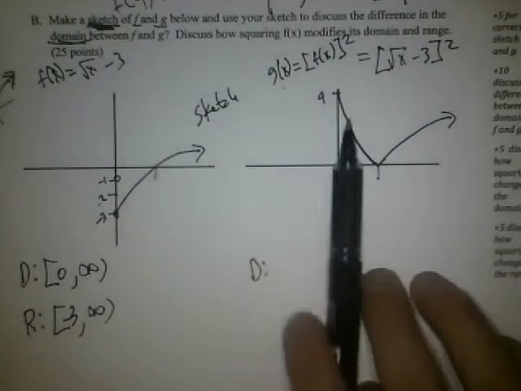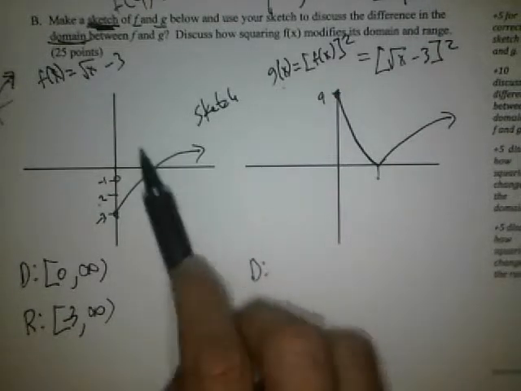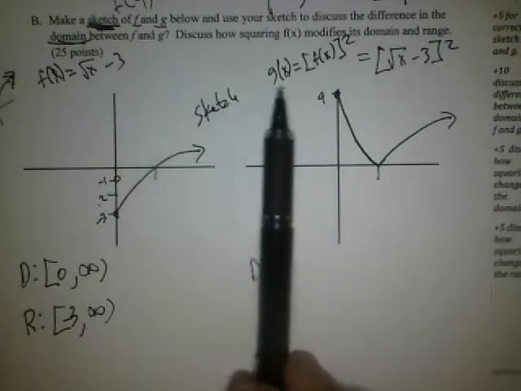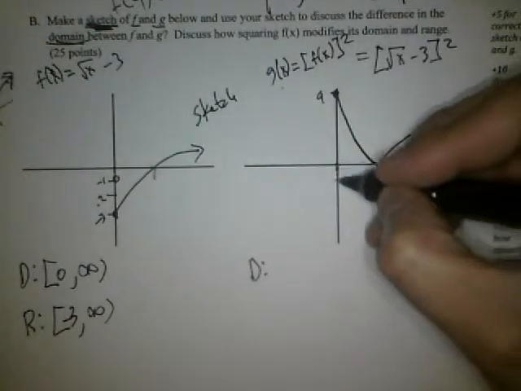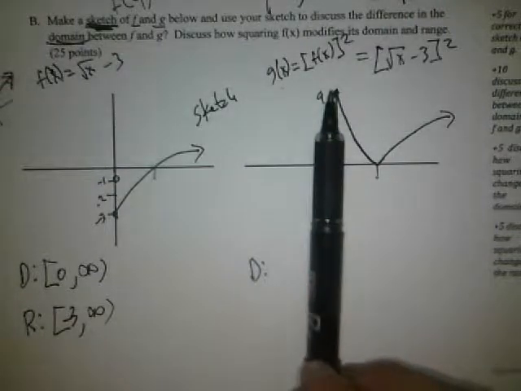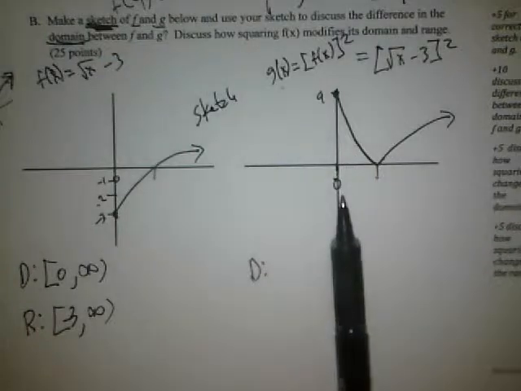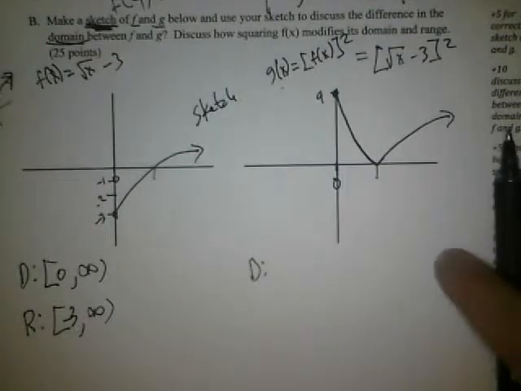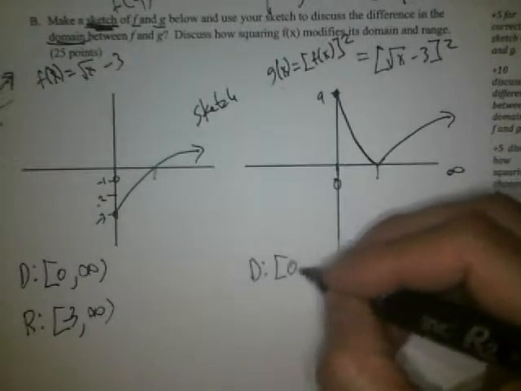The domain is from left to right. Notice over here, it's going to hit up here somewhere. We don't know where. I'm guessing it's 9. Let's check. But the domain goes from here to here, and the domain is the x, and the x value here is 0. So it's going to be from 0 to the arrow, which means infinity. So the domain is from 0 to infinity.